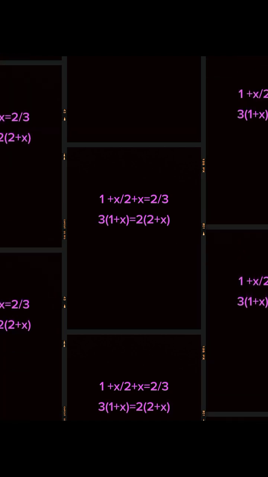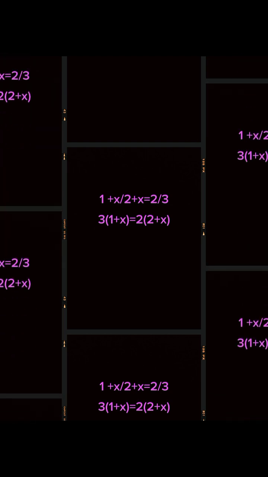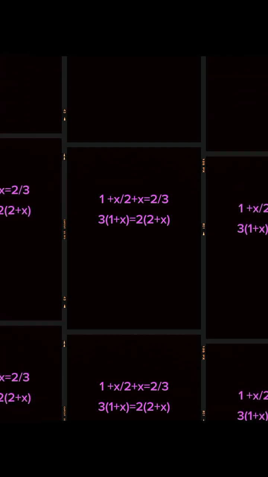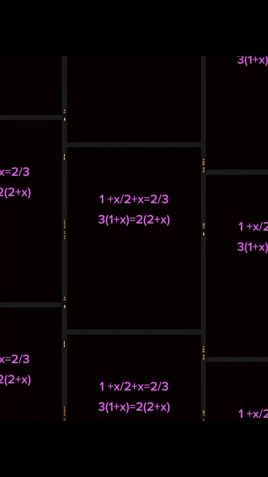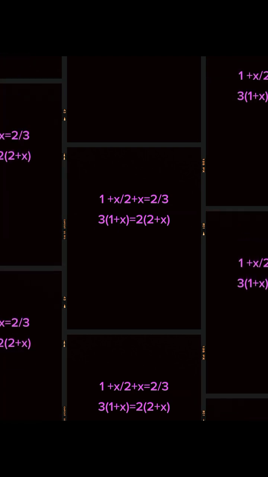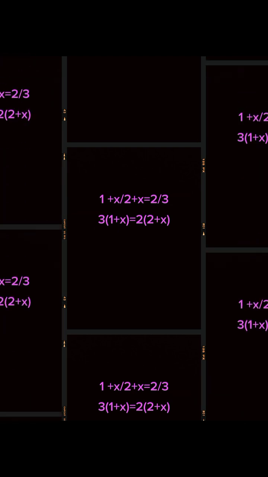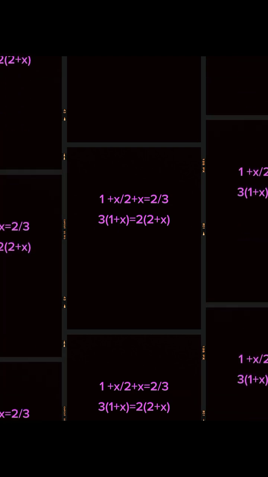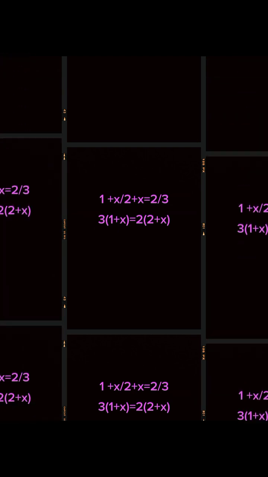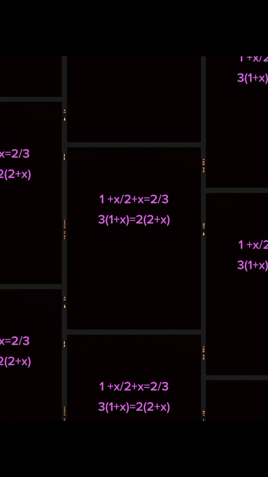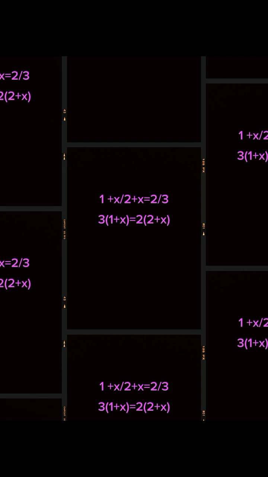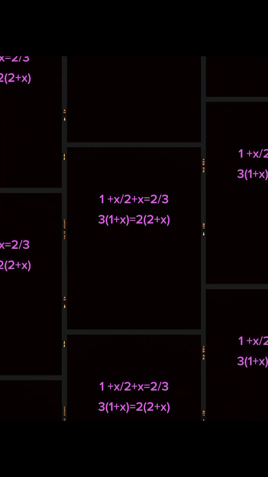The denominator of the left hand side will multiply the numerator of the right hand side, while the denominator of the right hand side is going to multiply the numerator of the left hand side, which in this case is 1 plus x. So 1 plus x is going to multiply 3, while 2 plus x is going to multiply 2.